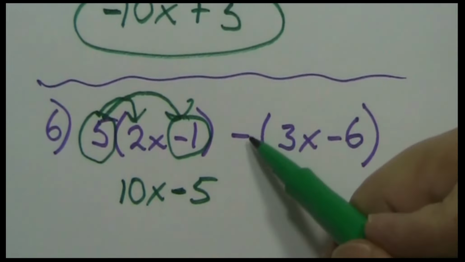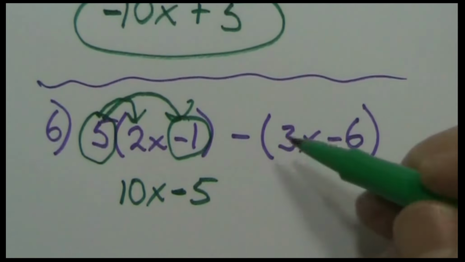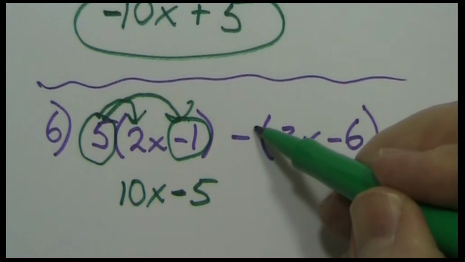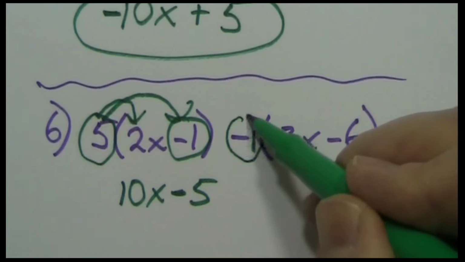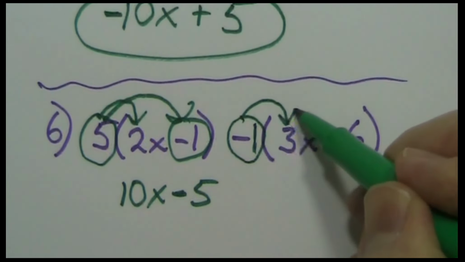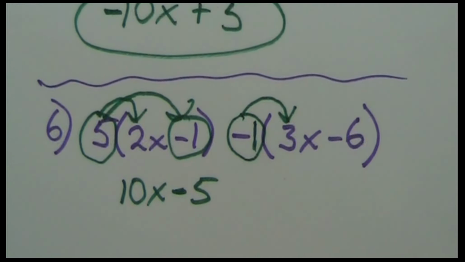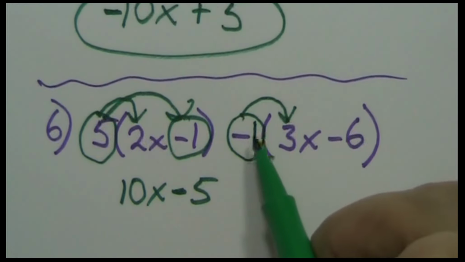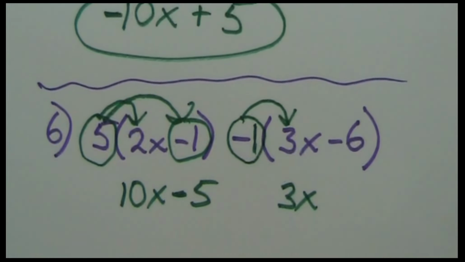Now notice that for this other one here, there's no coefficient. But actually, there really is. It's a negative 1. Right there, it's a negative 1. And if I distribute that negative 1, it's going to change the sign of everything inside. Watch how that works. Again, 1 times 3, that's 3x.